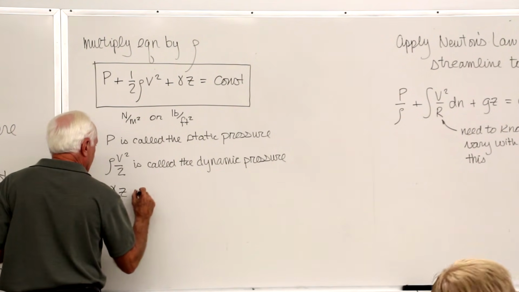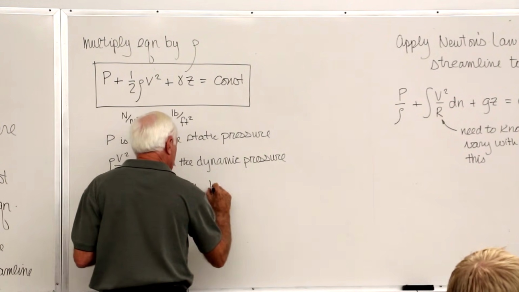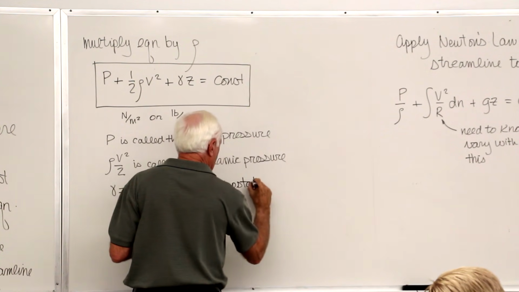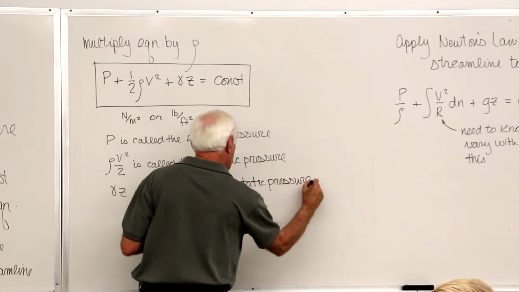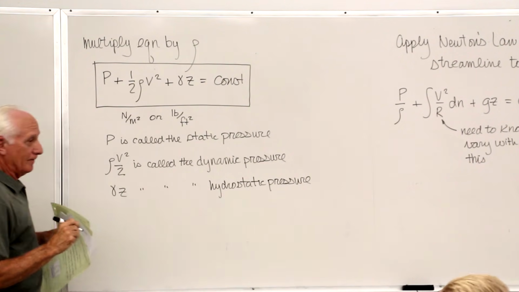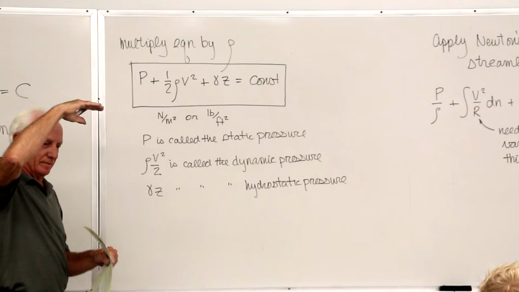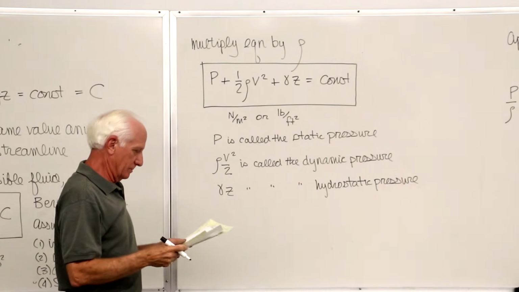Gamma times Z is called the hydrostatic pressure. This means hydrostatic. It depends on the height you are. We did this back in chapter 2.